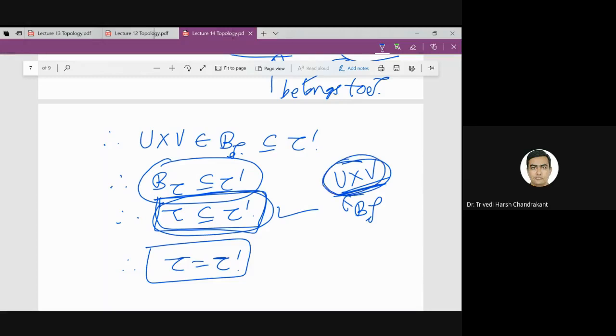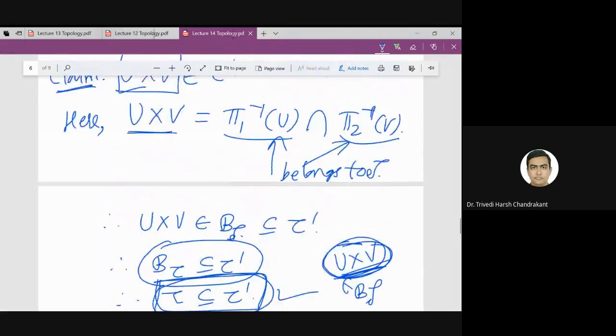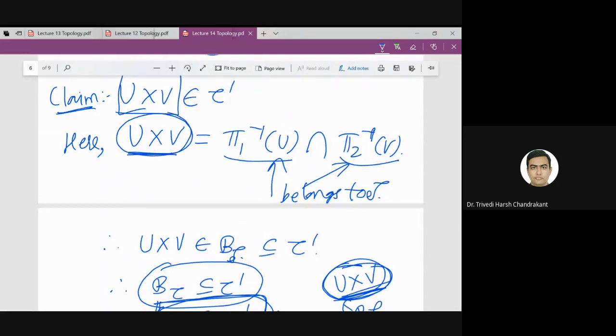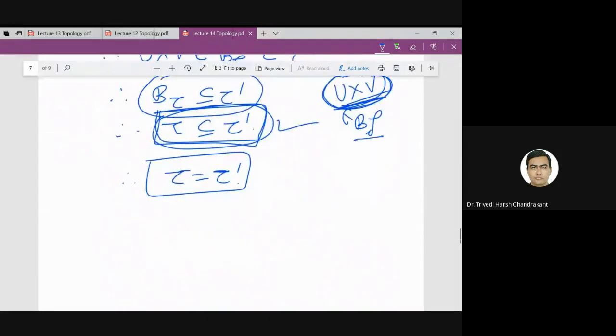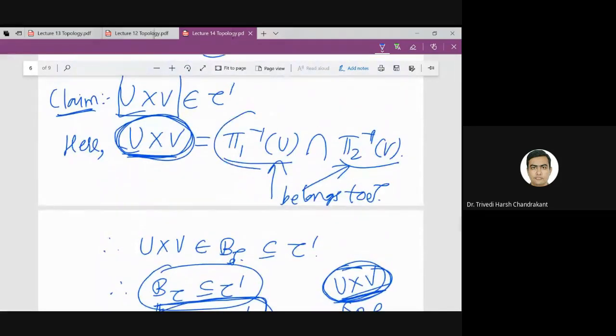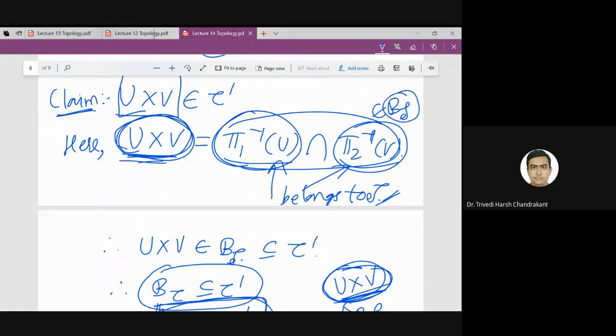So to show U cross V is open in S, we simply have to write U cross V as a finite intersection of elements of S, since the basis elements of S are finite intersections of elements of S. Both of these sets are elements of S. Therefore U cross V belongs to the basis of S, and therefore it is open.